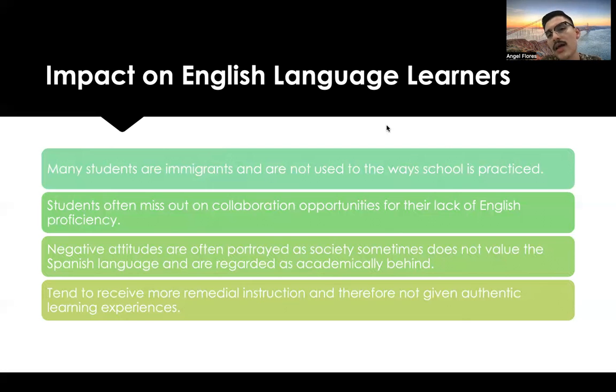There's always something negative about English language learners, about them not performing with a correct English proficiency or the desired English proficiency. They always cut time from the curriculum to ensure that they receive instruction in both languages in a strict manner, because we are so focused for them to pass a test rather than for them to develop bilingualism or biliteracy. And so they miss out on this collaboration.